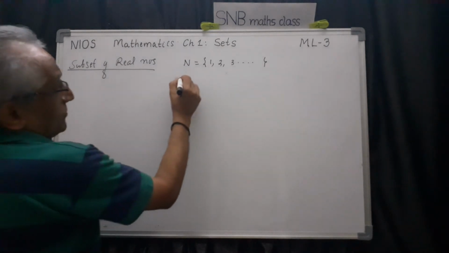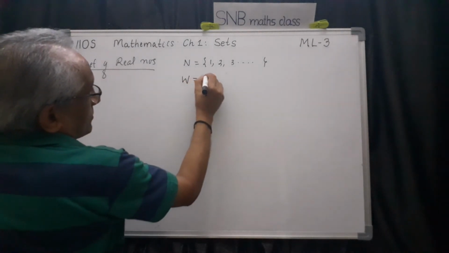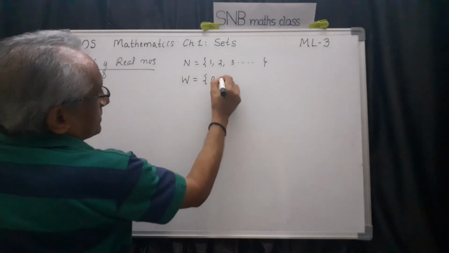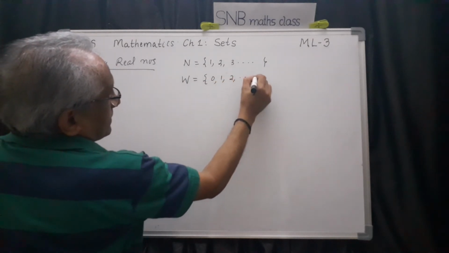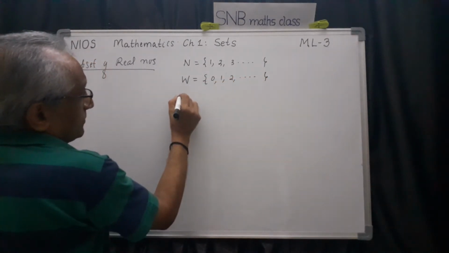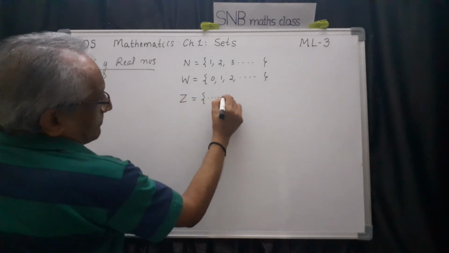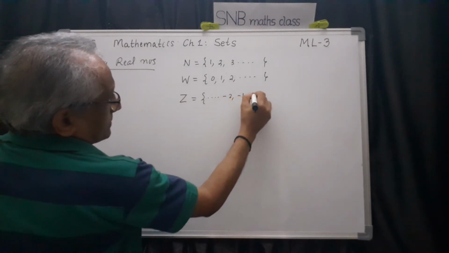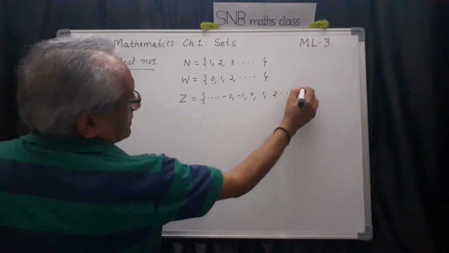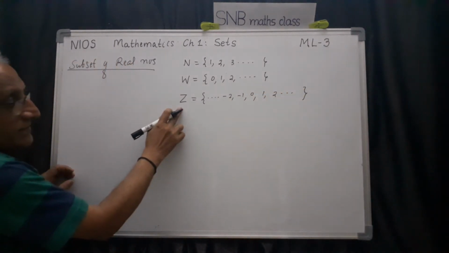Then if you include 0, that is called the set of whole numbers, 0, 1, 2, etc. Then if you include negative numbers also, that is called -2, -1, 0, 1, 2, etc. This is the set of integers.